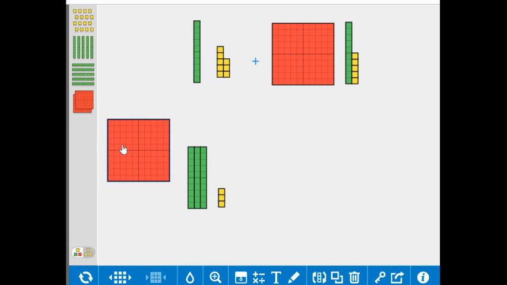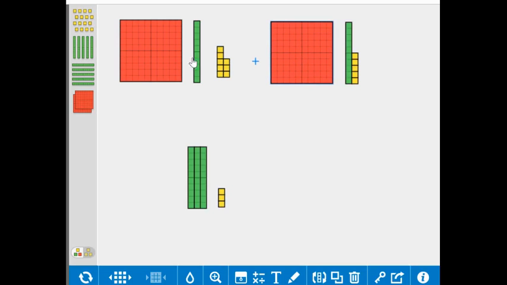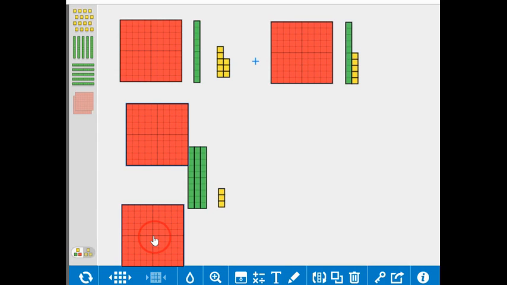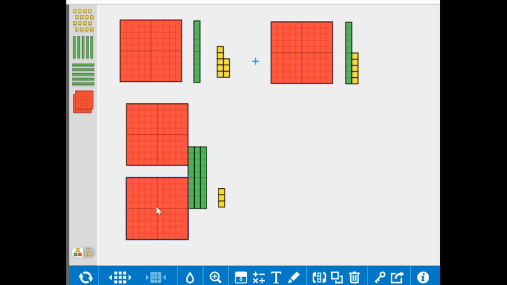And we need to use our wholes. We had 1 and 18/100ths plus 1 and 15/100ths, and we come up with the answer of 2 and 33/100ths.